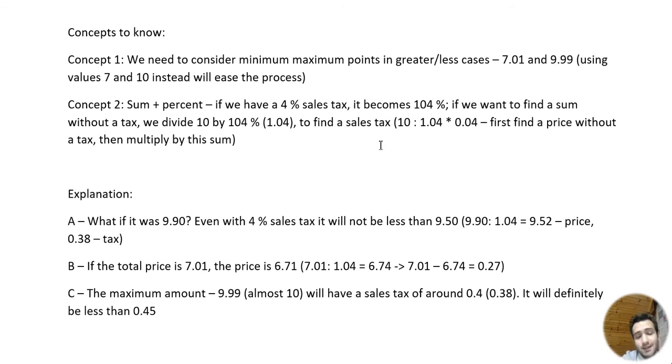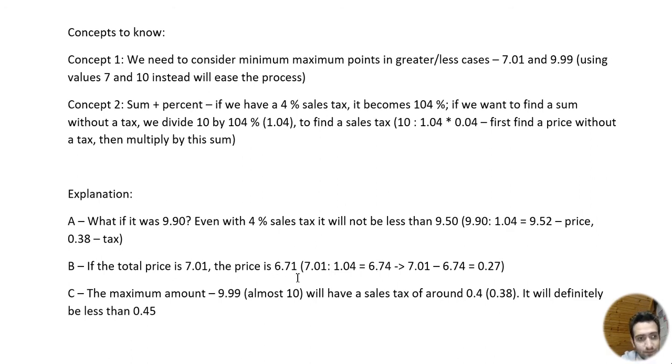For the second one, they say the price of the book was greater than 6.90. Well, let's consider the total price being around 7.01 and we divide it by 1.04 and we get 6.74. And you can also multiply it by 0.04 to find the sales tax, or you can just subtract 6.74 from 7.01 and you will get the sales tax.